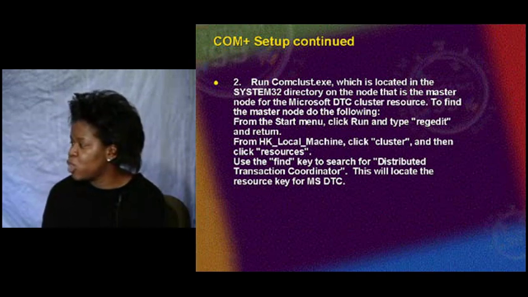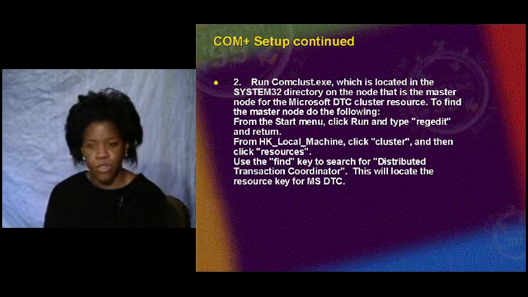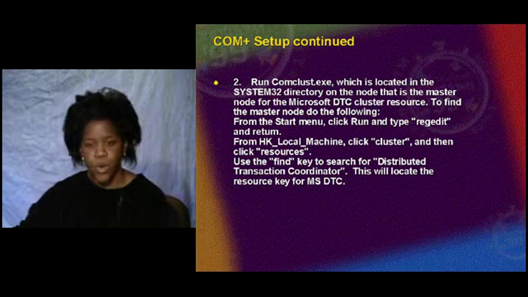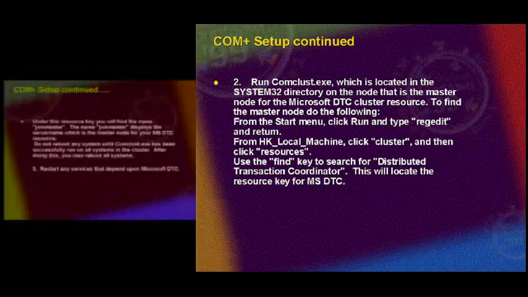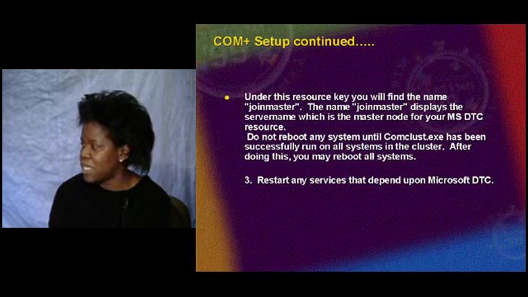Here you go from HKEY_LOCAL_MACHINE, click on Cluster, and then click on Resources. You can just use the find key to look for Distributed Transaction Coordinator. From there you'll see the join master. The name join master will display which server within your cluster has the master for MSDTC.